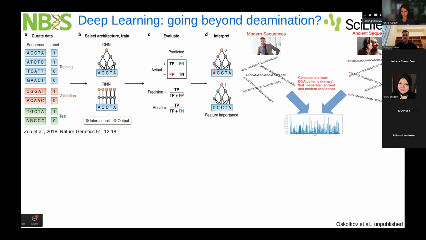It's a machine learning approach. Nowadays we have tons of modern sequences and tons of ancient sequences. Let's just train a machine learning classifier, such as a convolutional neural network, that can learn the k-mer composition which is more typical for modern reads and more typical for ancient reads.